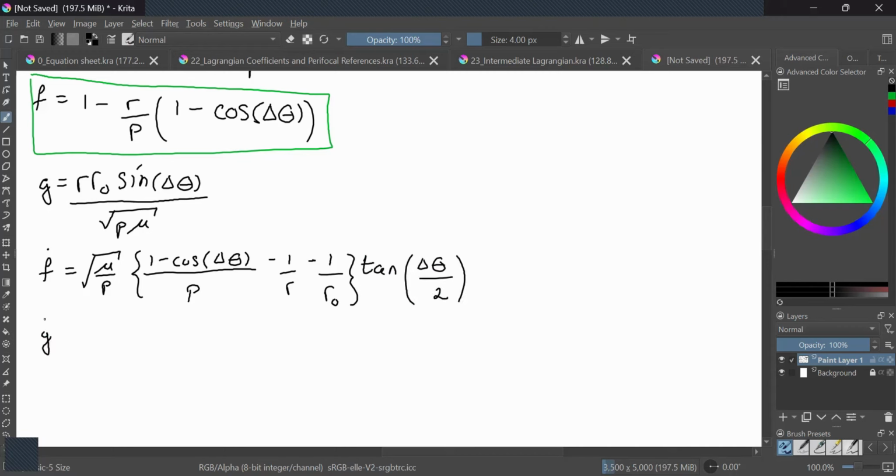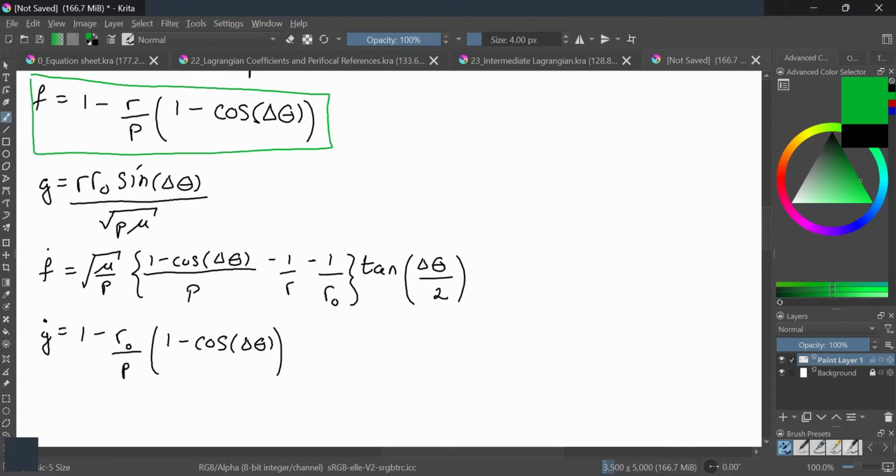And then G dot is 1 minus R naught over P times 1 minus cosine of delta theta. And all of these are equations that will also appear on the equation sheet.